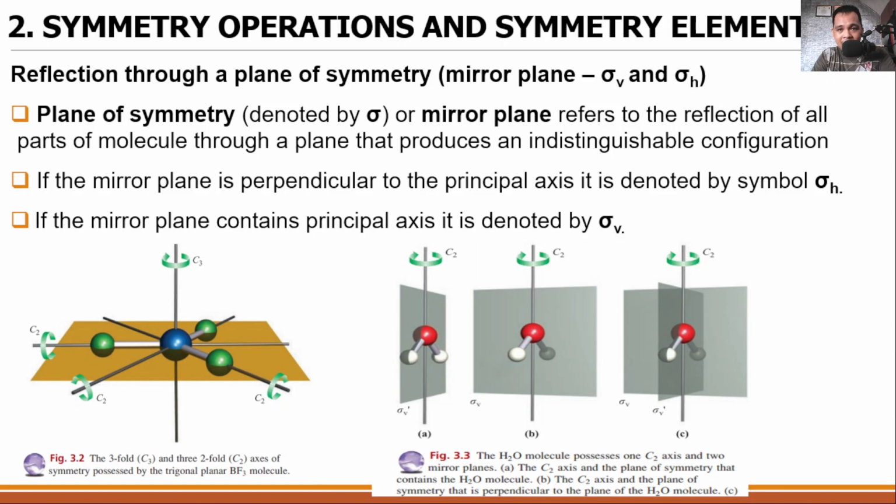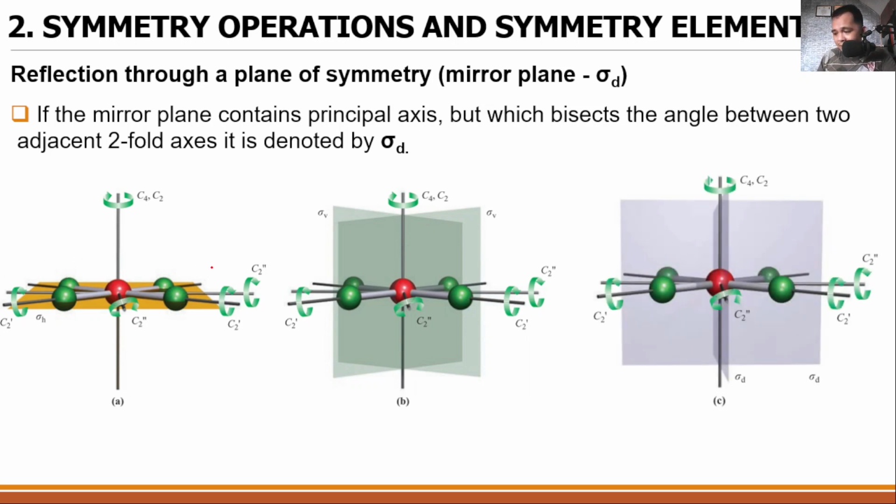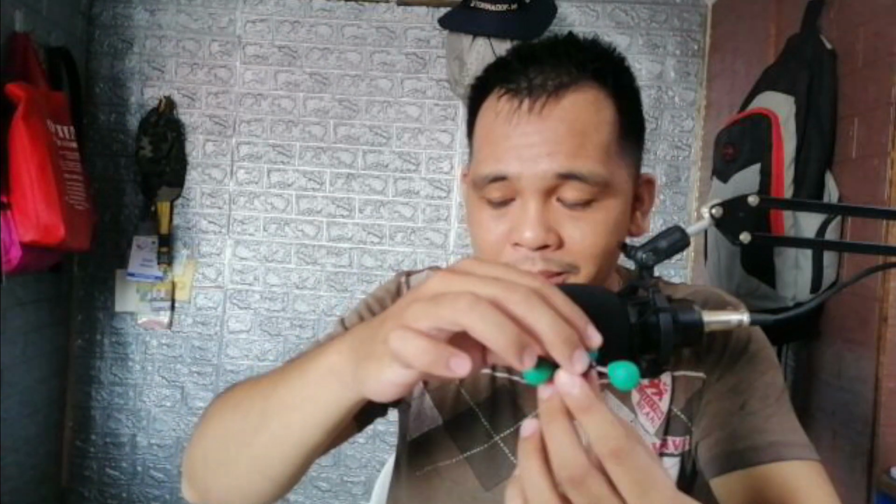And we also have a term, sigma D, that is quite complicated because it needs to bisect between the two adjacent twofold axes. For example, in the case of boron trifluoride. Our boron trifluoride also contains the symmetry element sigma V. Why?